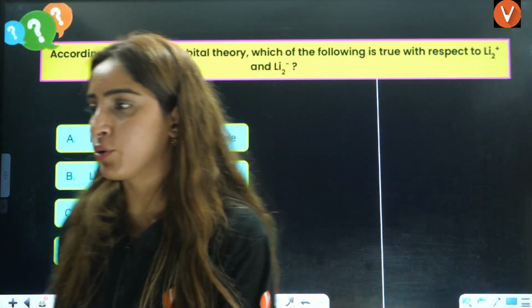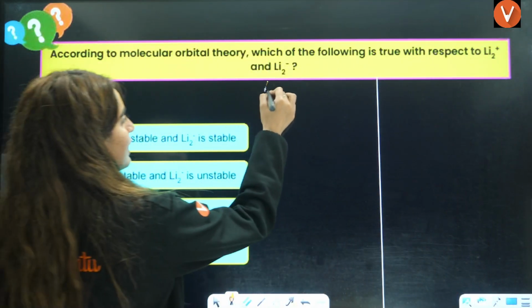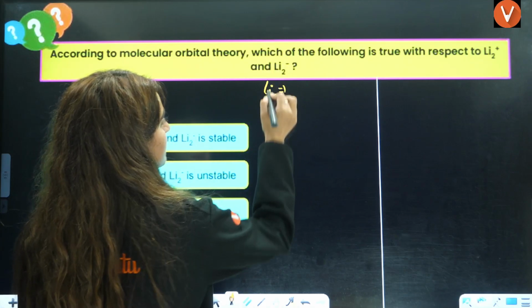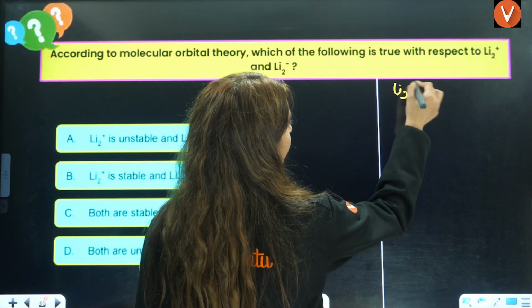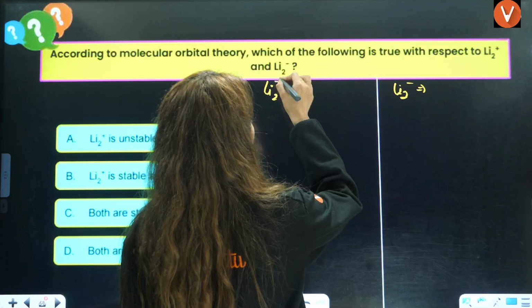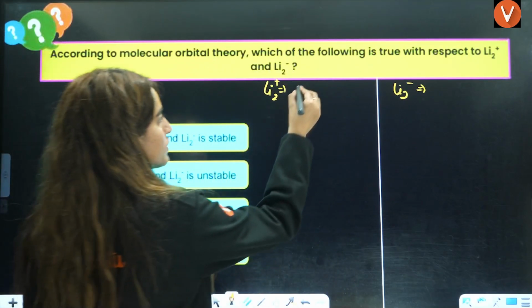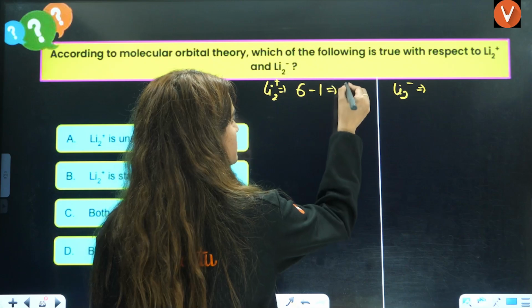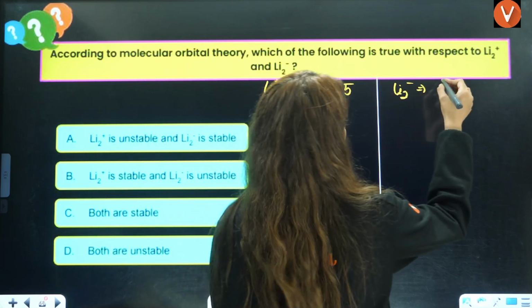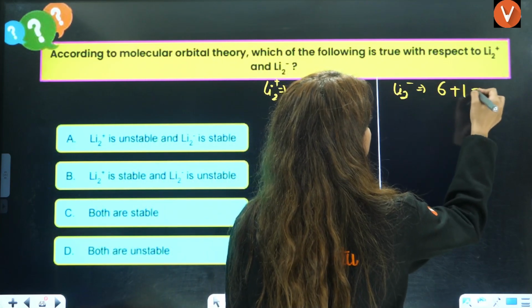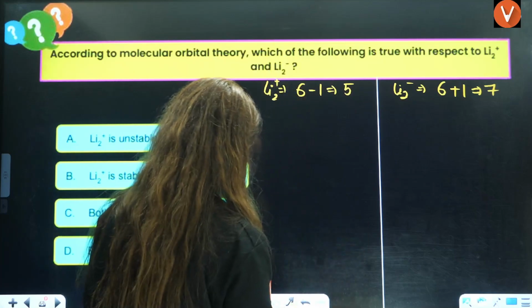Unstable or stable, you have to tell here. Now Li2 negative, and this is positive. Okay. Hydrogen, helium, lithium. 3 into 2 is 6. 6 minus 1 is 5. Okay. This is 6 plus 1 is 7. Right? Okay.